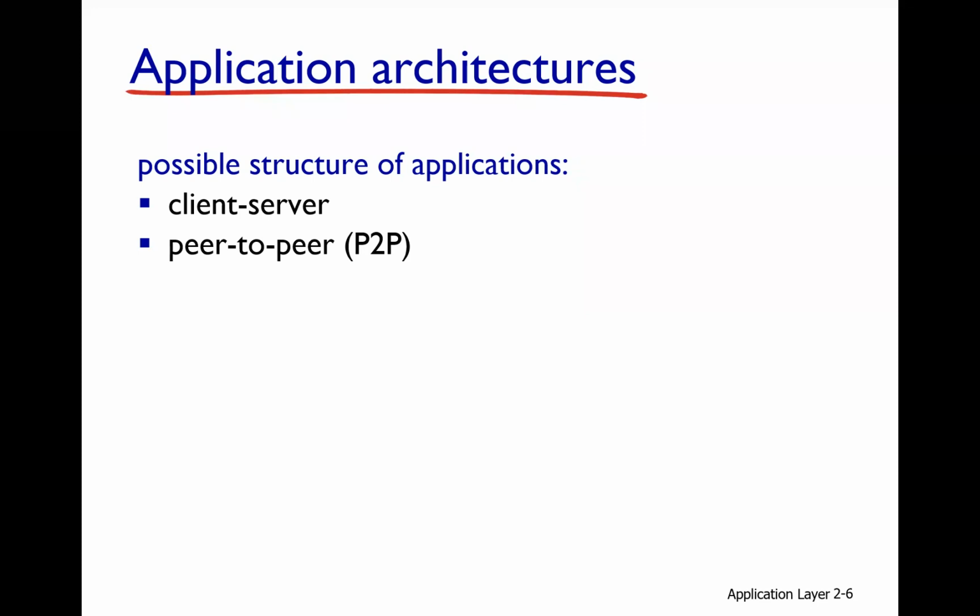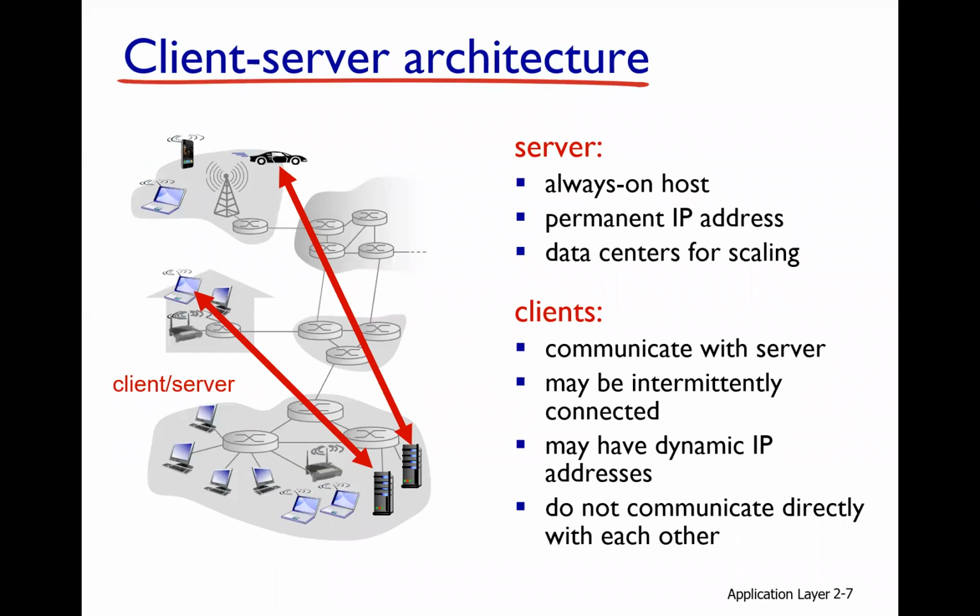An interesting feature of the P2P structure is that it has better scalability, because when there are more participants in the network, there are more users and more servers at the same time. I think I have a slide to illustrate this in more detail.